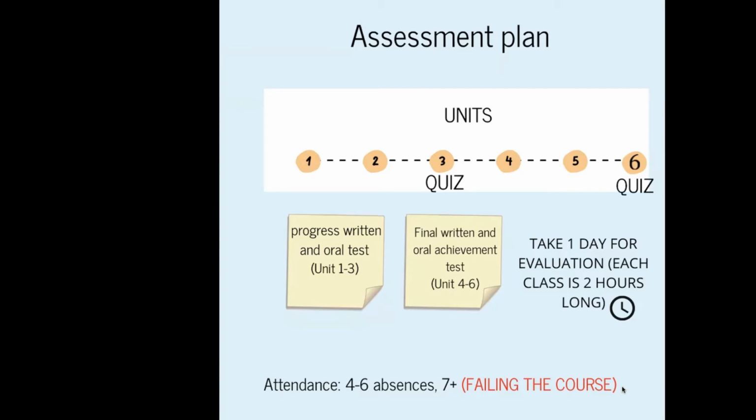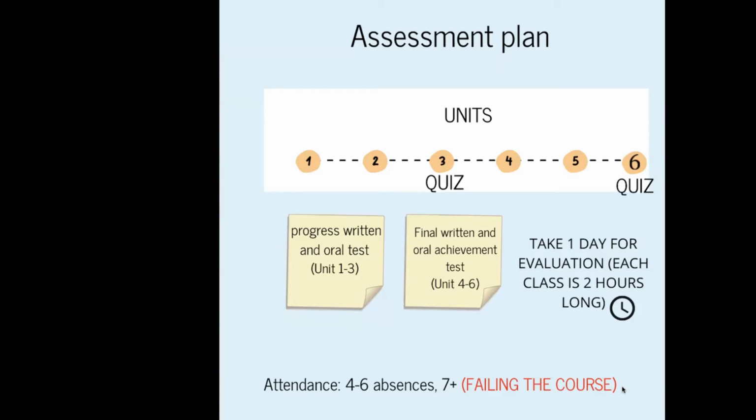Also, we decided to include both written and oral. Since each class is 2 hours long, we're just going to take only 1 day for evaluation, so we don't spend too much time with evaluations.